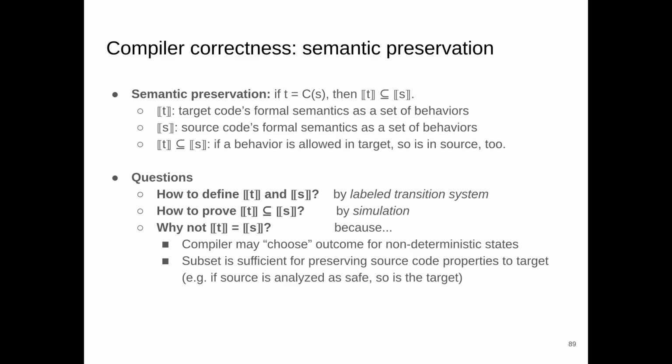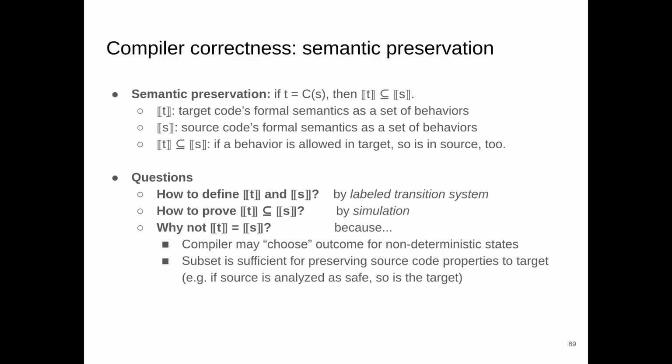Then how do we get the set of behaviors from the syntax of T and the syntax of S, the syntax of an assembly program and the syntax of a C program? That is the first question, and we are going to visit this topic in the next slide.